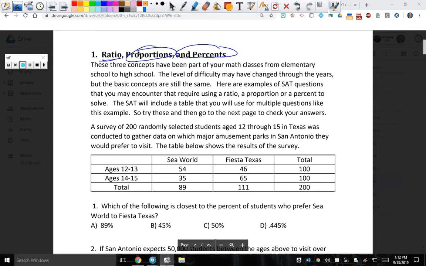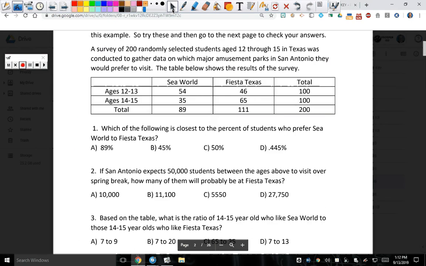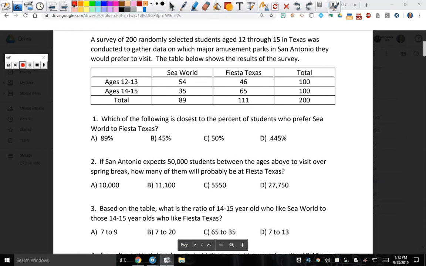The level of difficulty may have varied throughout all these years, but nonetheless, these are ones that people struggle with. On our last PSAT practice that we took on Saturday, I feel there were a lot of proportions and a lot of percentages, and that was the reason why we didn't necessarily increase, because we hadn't yet reviewed or gone over it, okay?